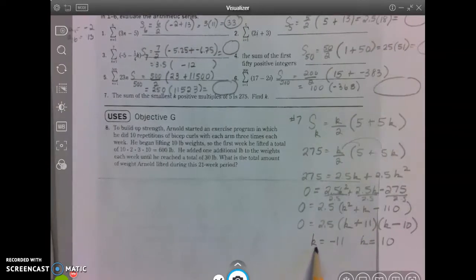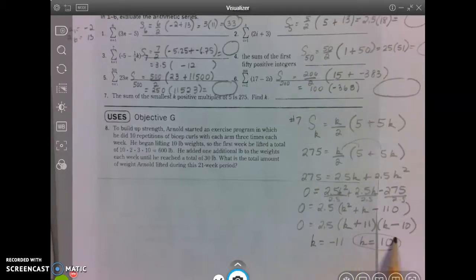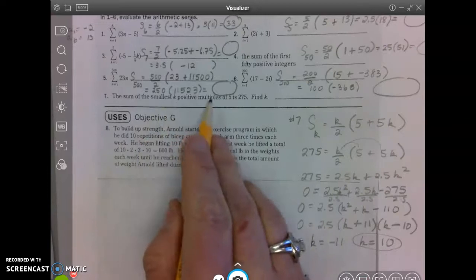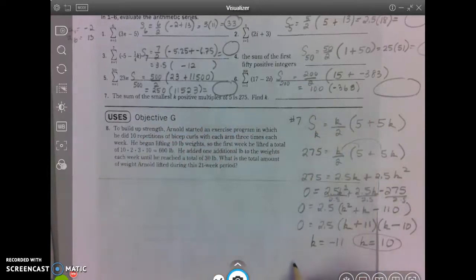And because of that, well, I know that you can't have a negative number of terms, so positive 10 must be what k is. And I can check it by seeing, what if I added up the first 10, since k would be 10, multiples of 5? That would mean S sub 10 is 10 divided by 2.